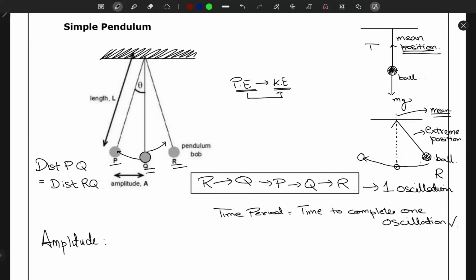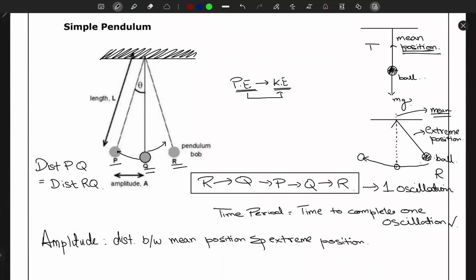It is the distance between the mean position and the extreme position.